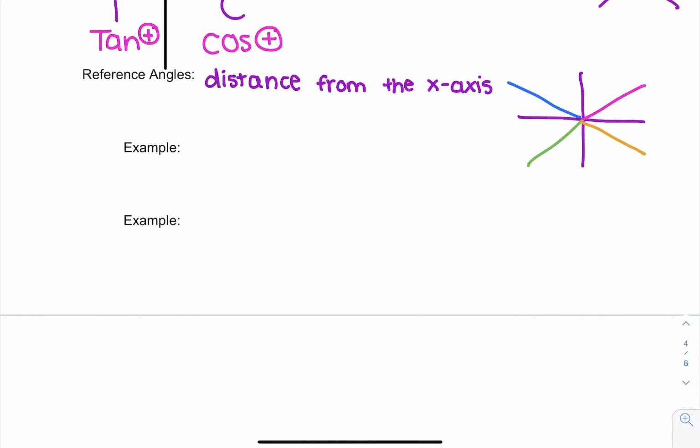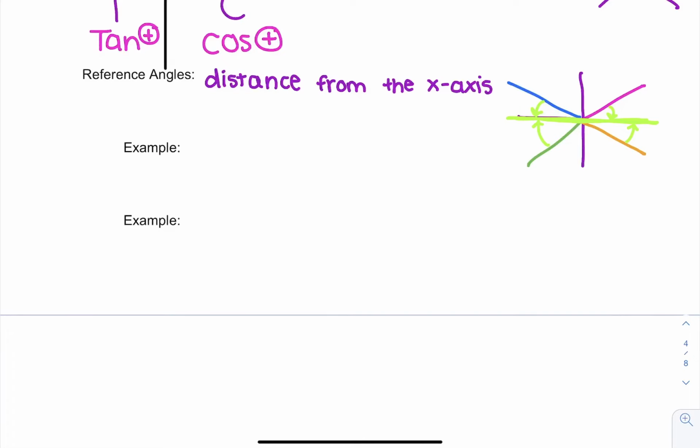If we find the shortest distance to the x-axis, we call that the reference angle. So in this case, here's our reference angle for the blue angle, here's our reference angle for the green angle, that's the shortest distance. And for the orange angle, that's the shortest distance. So what we do is focus on this x-axis, and we figure out what's the shortest distance. That short distance is going to be the reference angle.